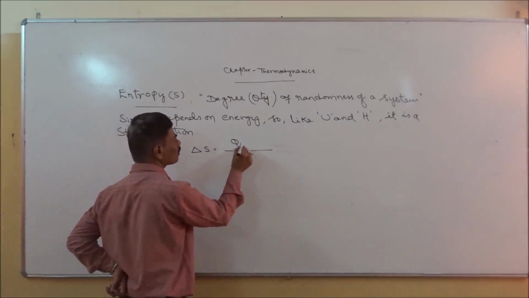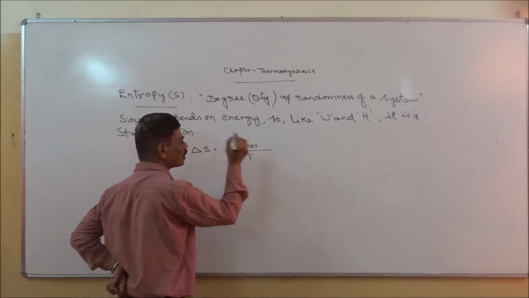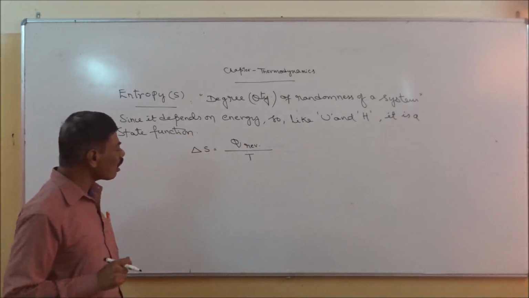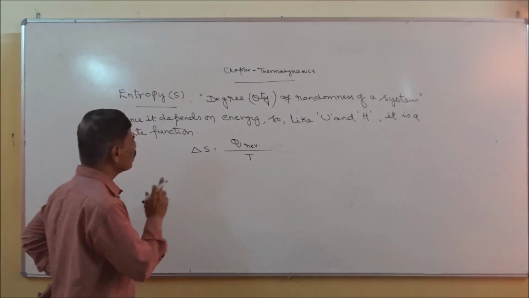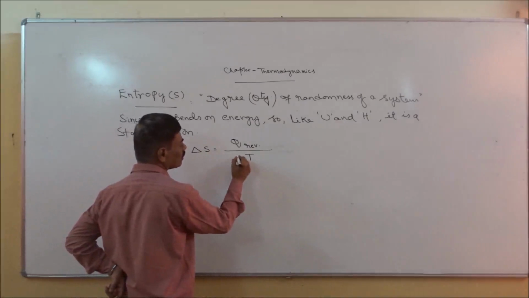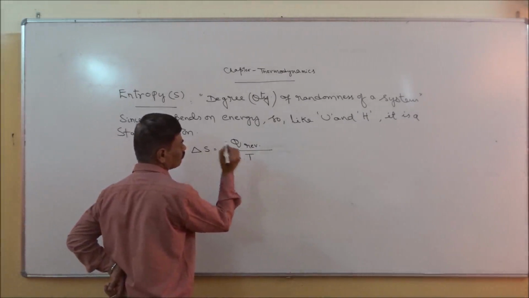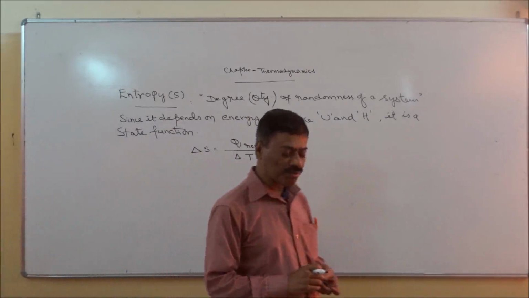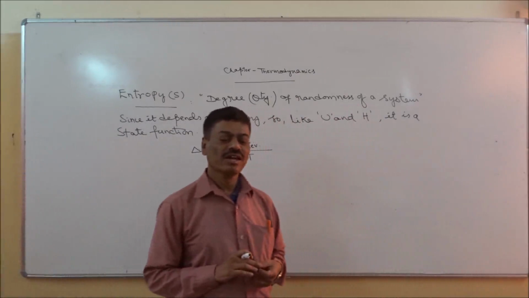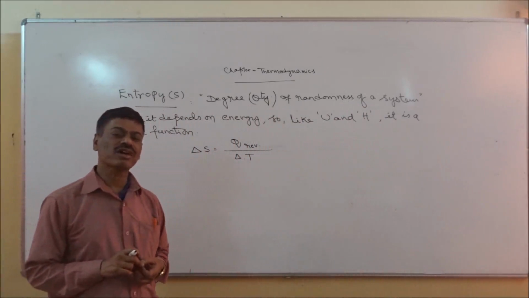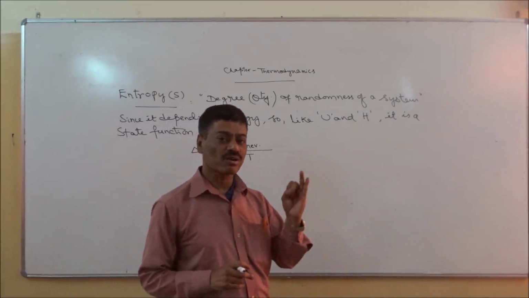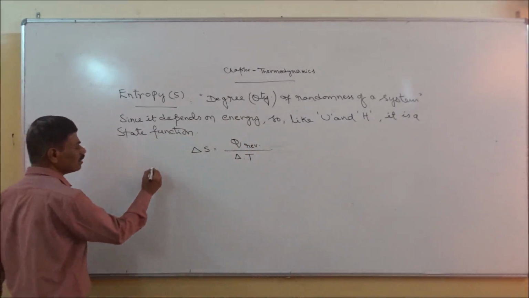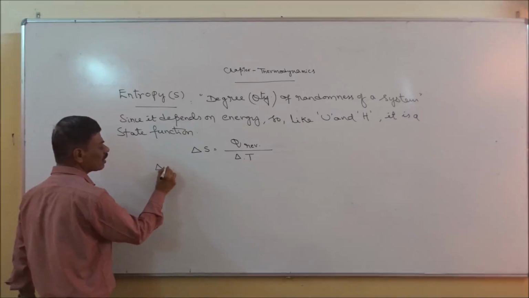So it can be written like this: Q reversible, where rev stands for reversible reaction. Now, in this reaction, we can write here delta T. Now, if you take the entropy of the entire universe, because in the universe we have system and surrounding, the total change in entropy can be written in this way: delta S total.